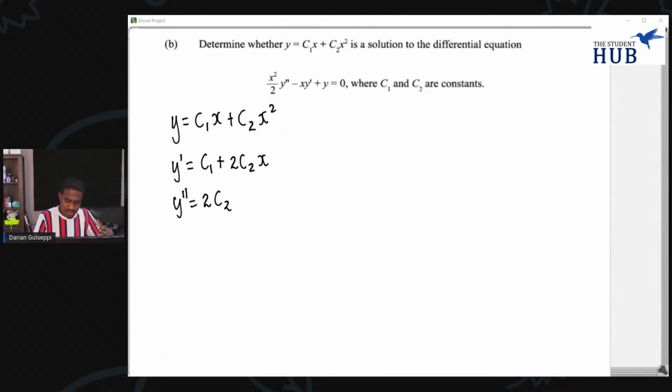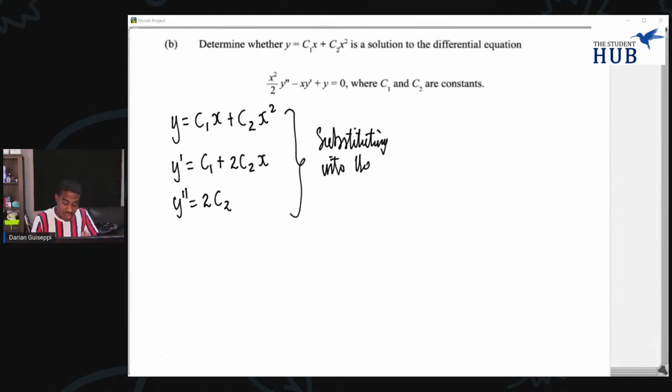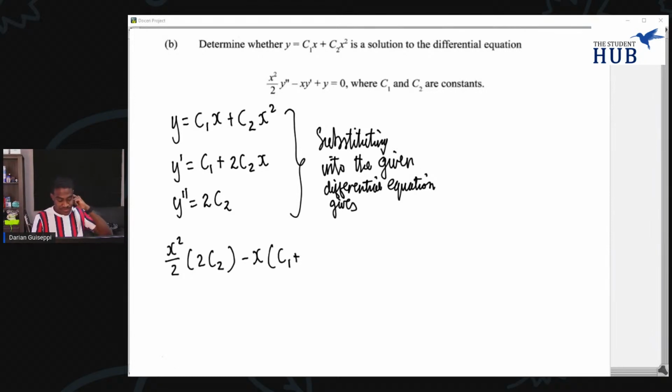But if you don't, let's look at it exactly. What we need to do is substitute these into the differential equation. Wherever you see y, you substitute what y is. Wherever you see y prime, you substitute what y prime is. Wherever you see y double prime, you substitute what y double prime is.